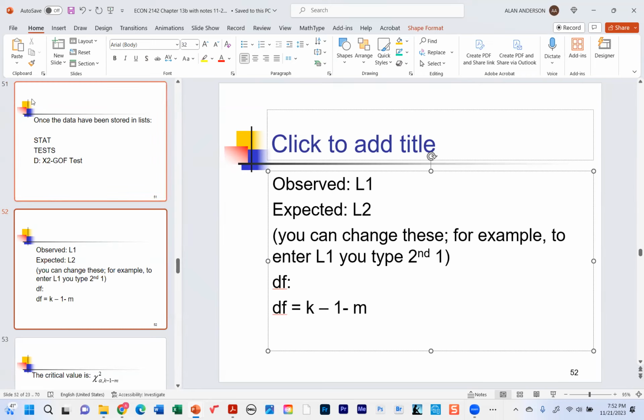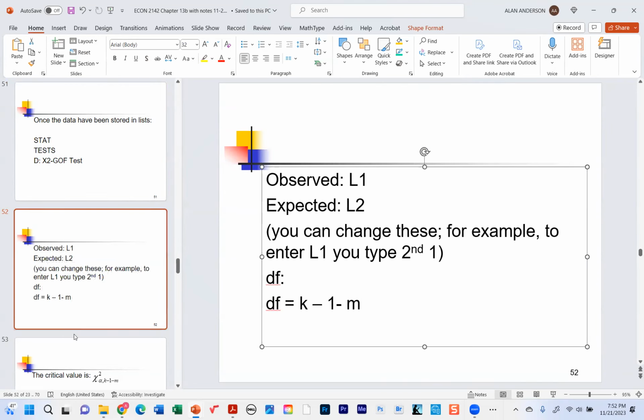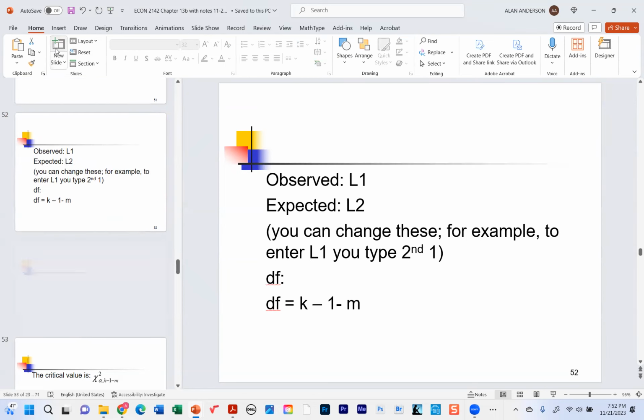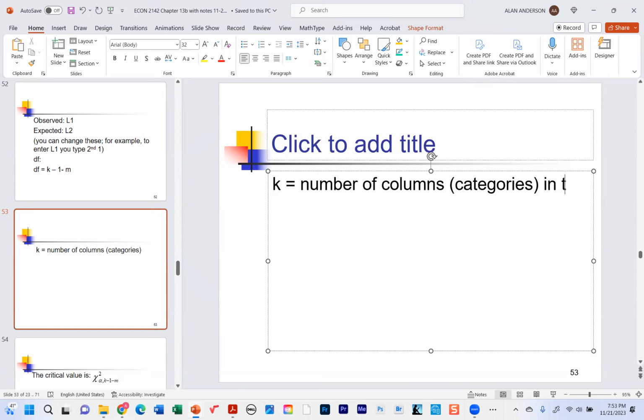So what do these terms mean? Well, K is the number of columns, or as they're also called, categories, in the table, let's call it the observed frequencies table, which in this case is equal to 4.